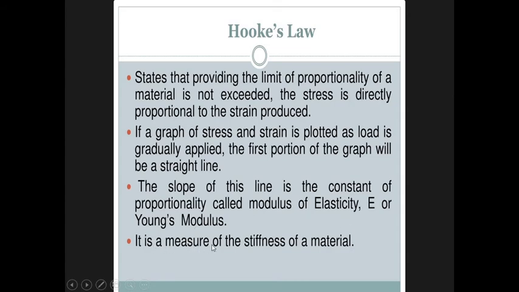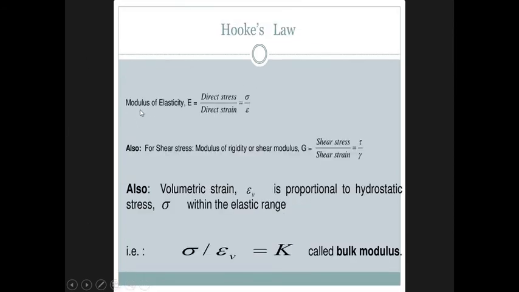It is a measure of the stiffness of a material. So modulus of elasticity is equal to direct stress divided by direct strain. For shear stress, modulus of rigidity or shear modulus G is equal to shear stress divided by shear strain.